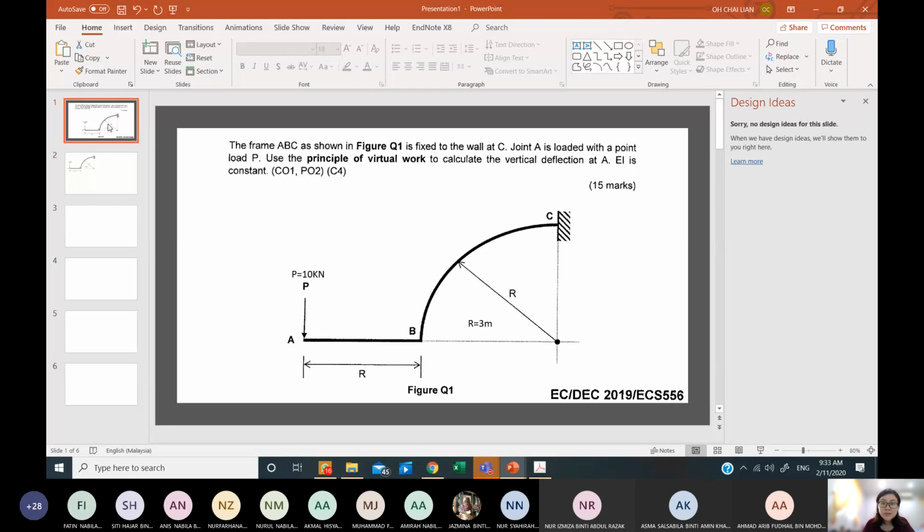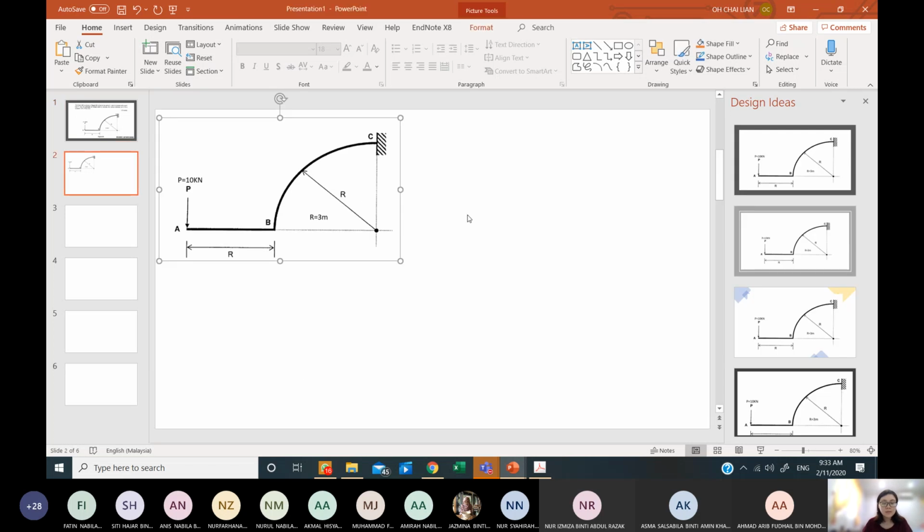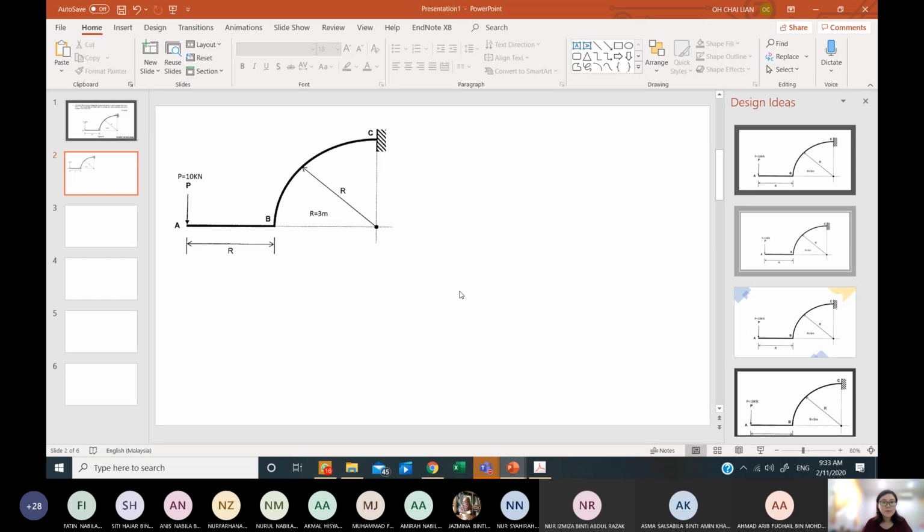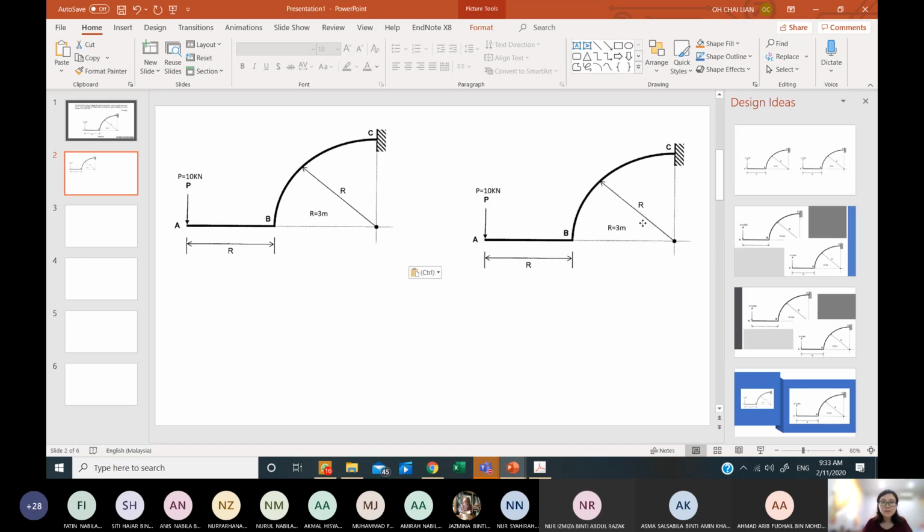Vertical deflection at A. Then you can still use the proportionate method. So now, how should I modify this? Okay, I can copy and paste it here.